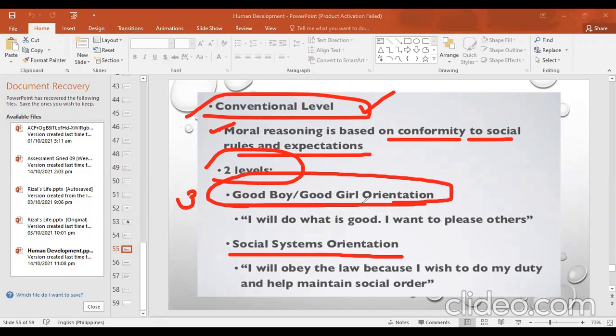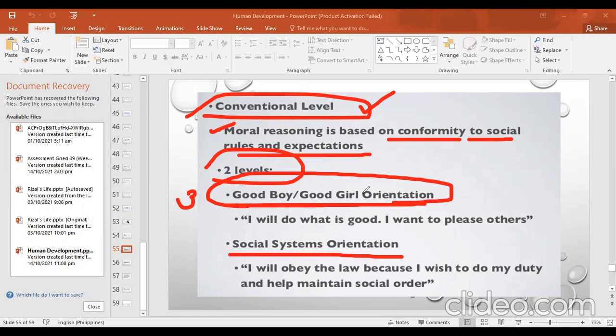So, very important dito yung relationship with other people. I will do what is good because I want to please others. Gusto mo ma-accept ka ng ibang tao. In this level, the child wants to be good in the eyes of other people.